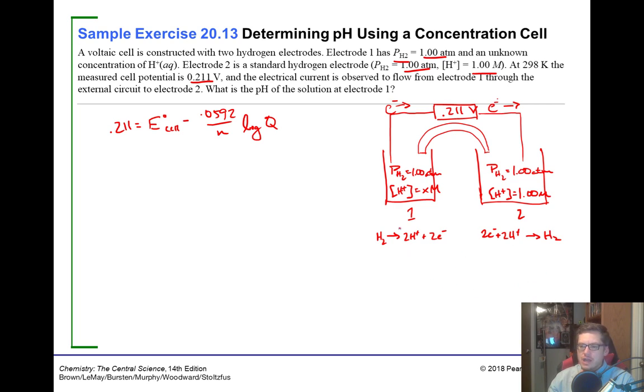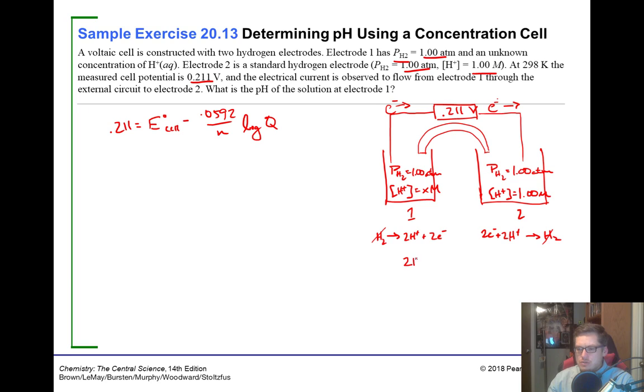So our overall reaction, now you might be tempted to say this completely cancels. The trick here is that they only cancel if their concentrations are equal. These two hydrogens are gaseous hydrogens at the same pressure, so they will actually cancel when we write them together. But the H pluses are at different concentrations. The electrons obviously cancel.